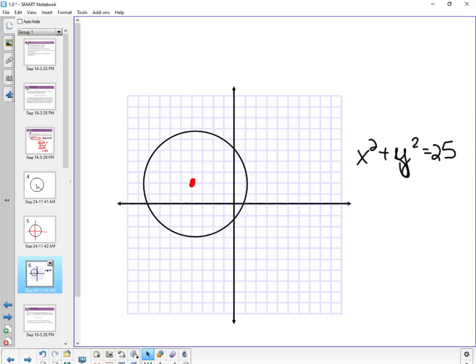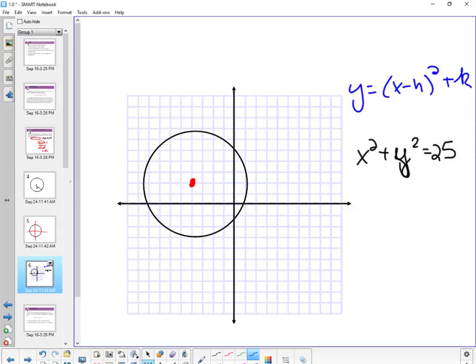Just like when we had parabolas back then, when we would move them, we had h and k, right? Move up, down, left, right. The formula would look like this: y is equal to x minus h squared plus k.